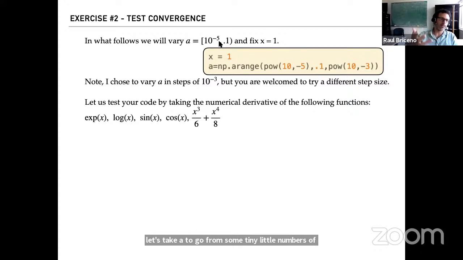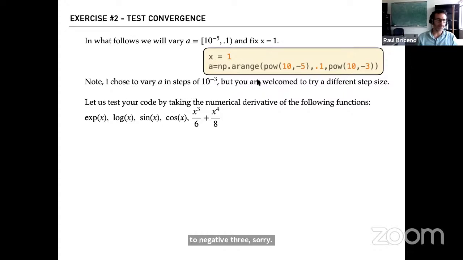I should have done this the other way around, where I start from a big number and take it to a tiny little number in steps going down. But instead I did it the other way around, perfectly fine. And I'm going to fix x, the argument of the function, to be 1. So a, I'm going to set as an array that goes from 10 to the negative 5 all the way to 0.5 in steps of 0.03 of 10 to the negative 3. Sorry.